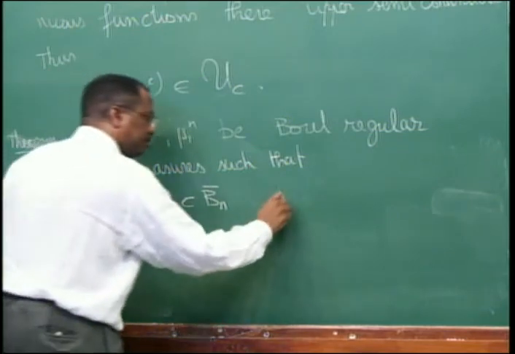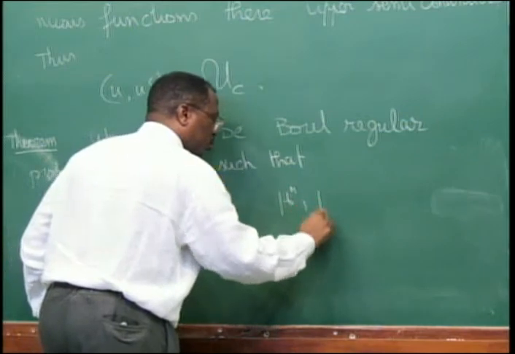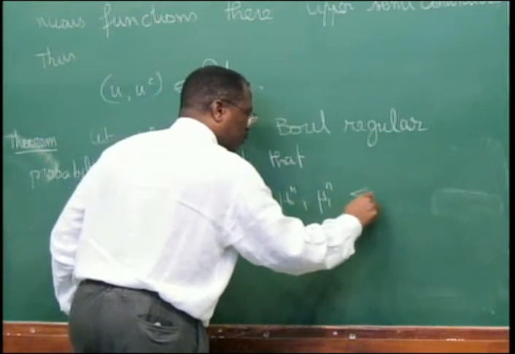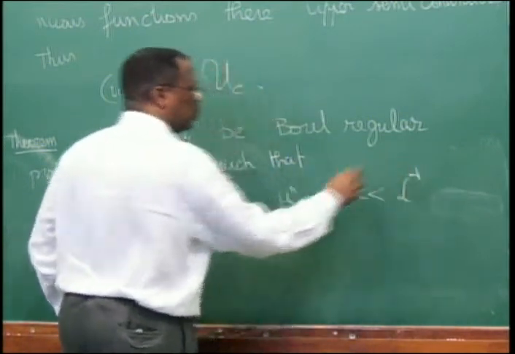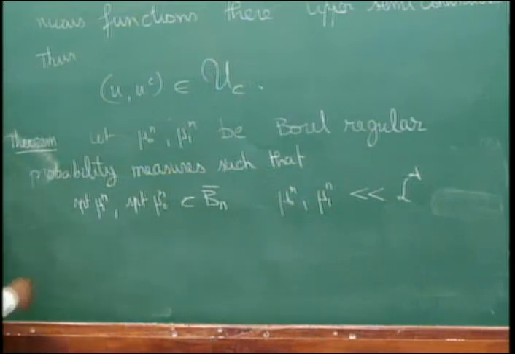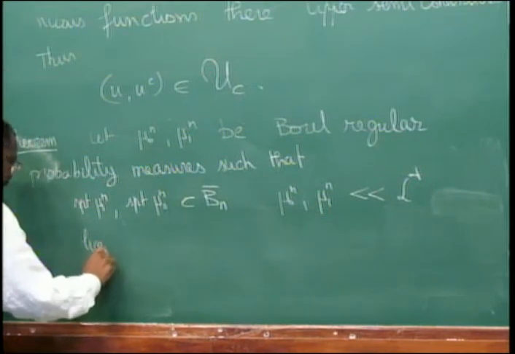Mu naught n, mu1 n are absolutely continuous with respect to Lebesgue measure. And we have the following convergence.